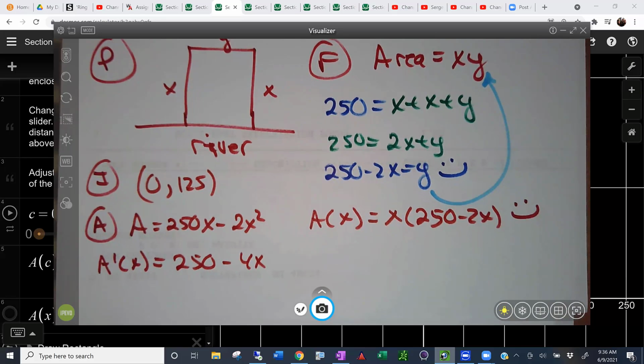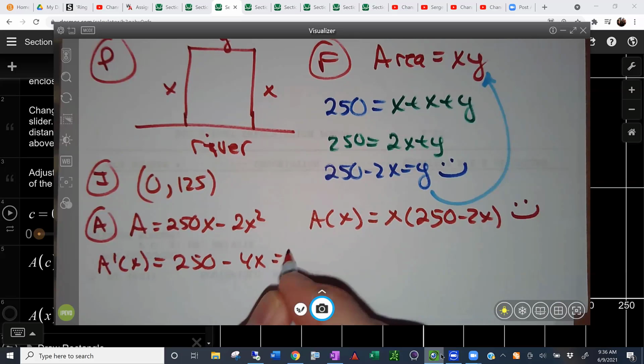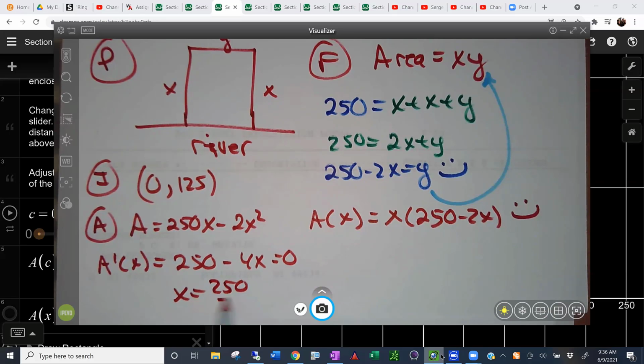But I'm not just going to differentiate it. What else do I have to do? Set it equal to 0. So set equals 0 and solve. I get x equals 250 divided by 4, which is 125 over 2, or 62.5 for x.